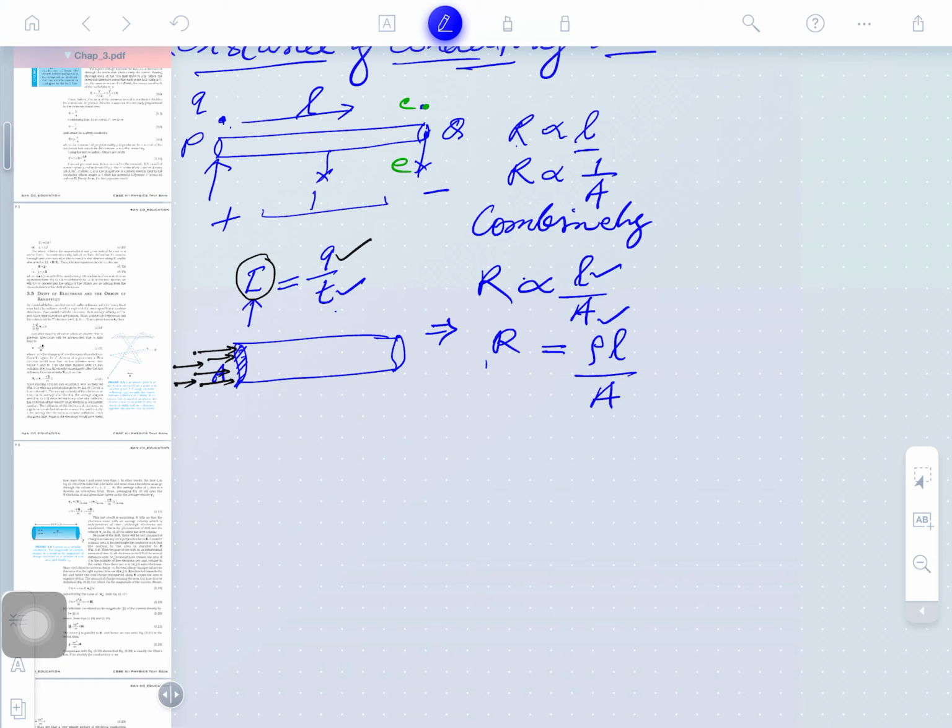So this is the property of the material. The length is not the cause; the material of the conductor is causing it. So it is the nature of the material.